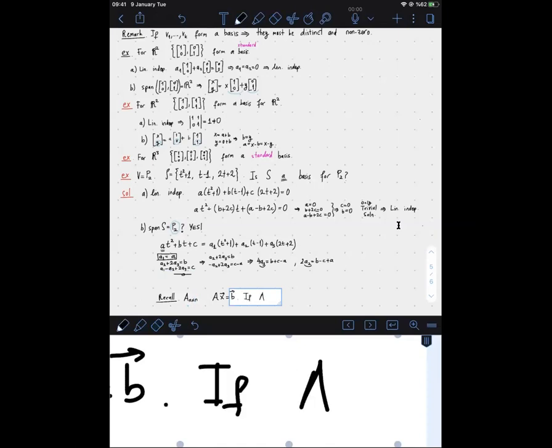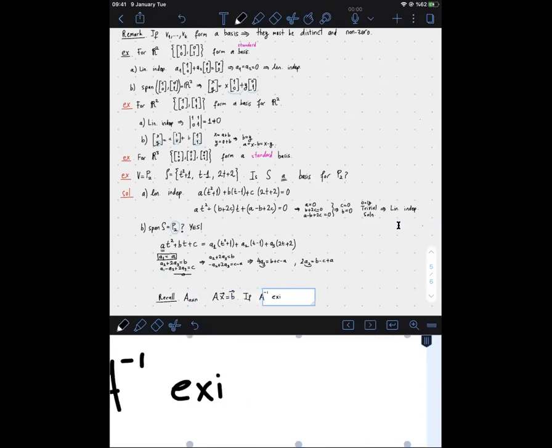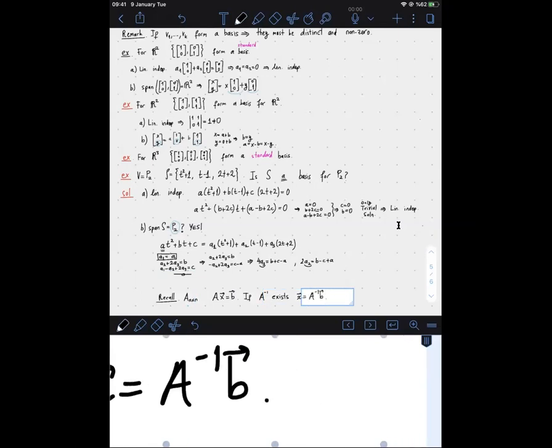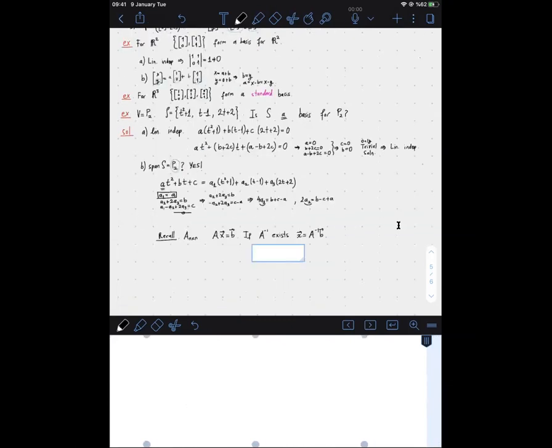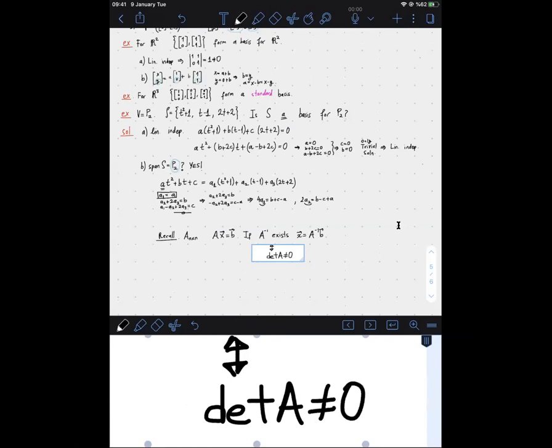If the inverse of A exists, then we can solve this equation as X equals A inverse B. We have talked about this. When does A inverse exist? We have found the necessary and sufficient condition for the inverse of a matrix to exist. That condition was, again, this incredible tool, which is the determinant. If this determinant is non-zero, then its inverse exists.